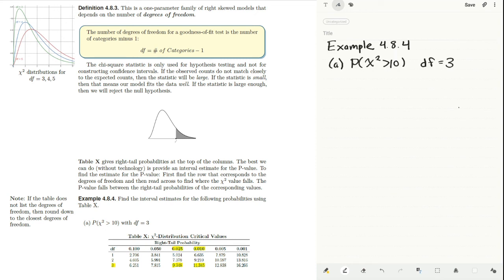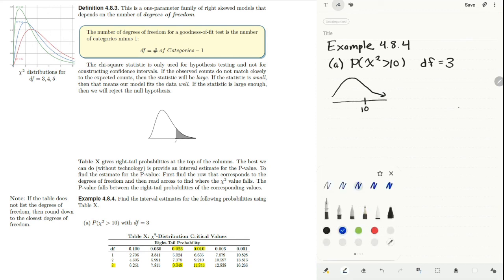So let's find an interval estimate for the area to the right of a chi-squared value of 10 with 3 degrees of freedom. So what we're looking for under the chi-squared distribution is the area to the right of 10.